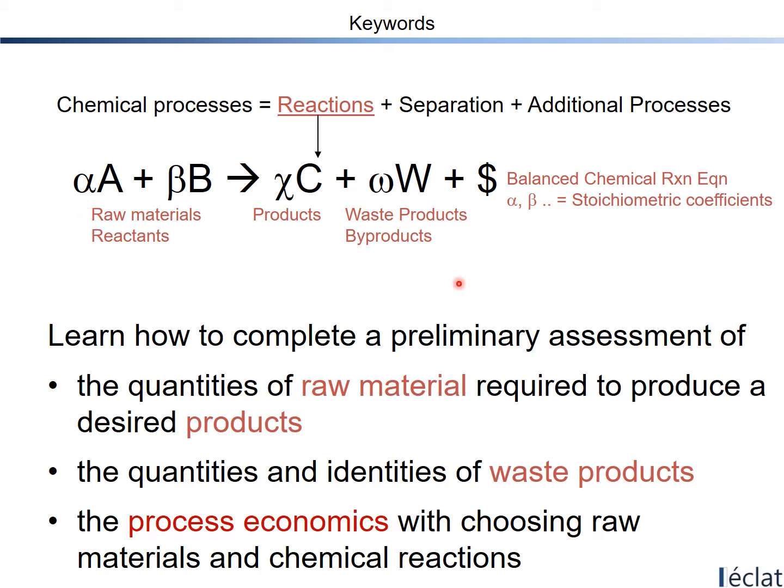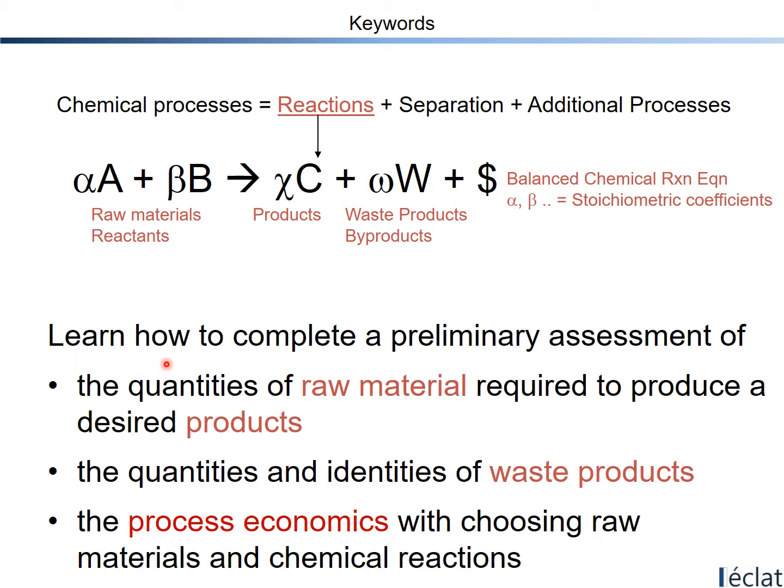So this is the chemical reaction equation. In this chemical reaction equation, all keywords you will learn from this lesson, this chapter, are there. Raw materials, reactants, products, waste products, and some money.